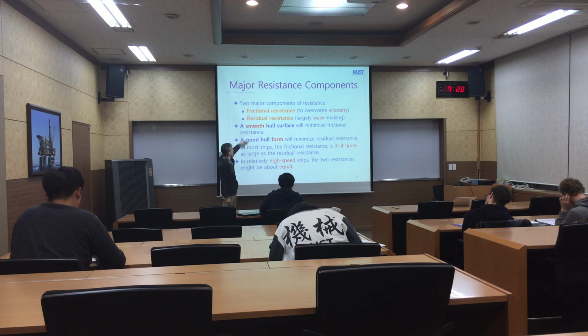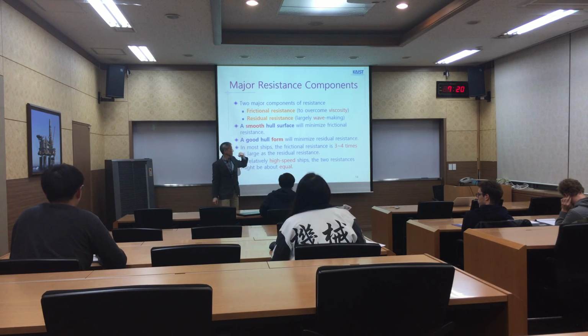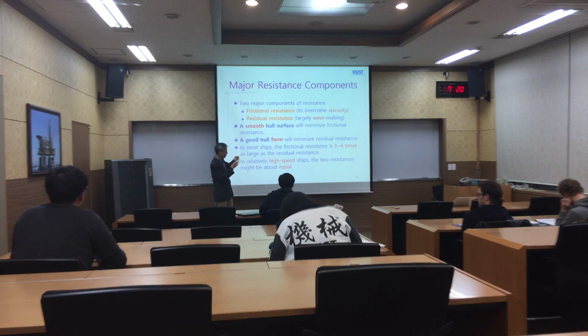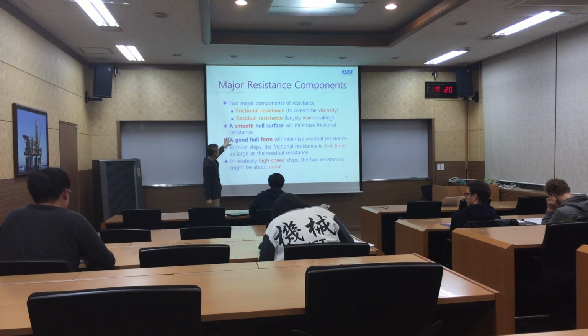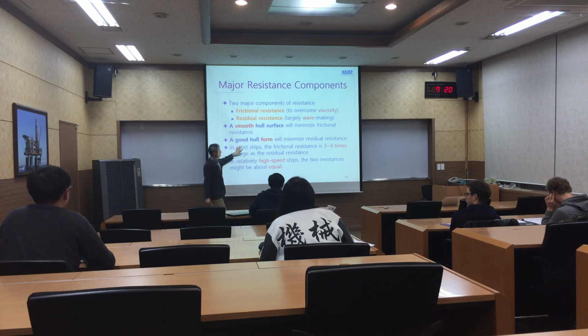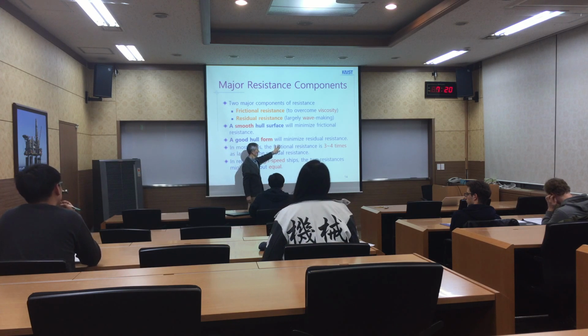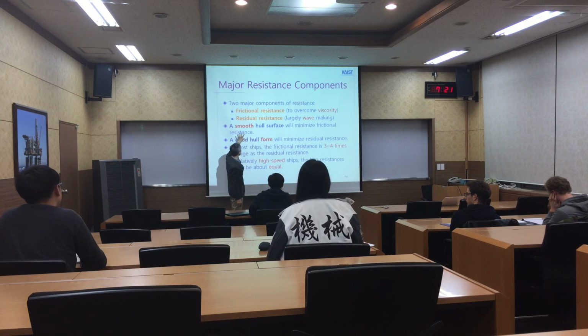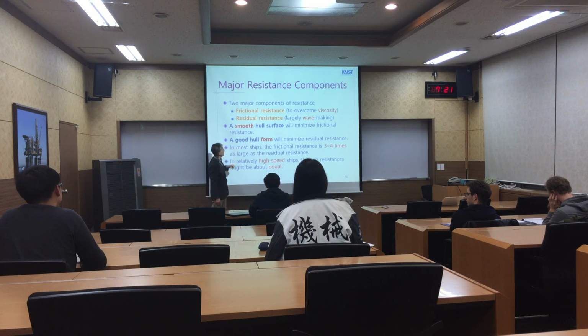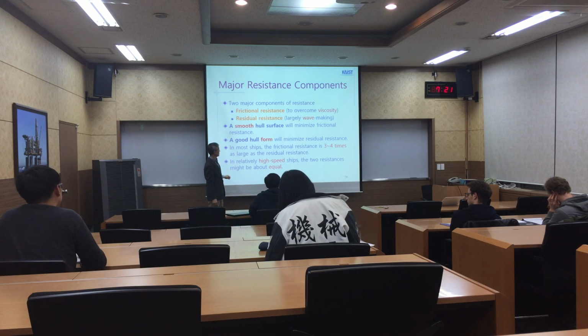That can reduce the frictional resistance. And shape, foam drag. Foam drag is coming from aerofoil shape, right? Pressure drag. So in most ships, frictional part is bigger than residual or eddy or pressure drag.